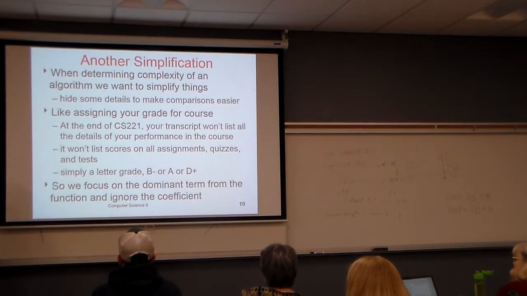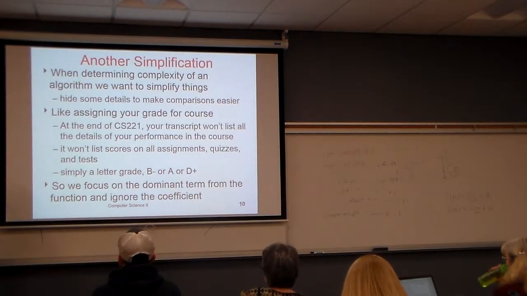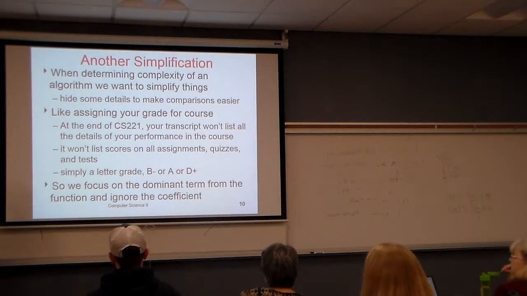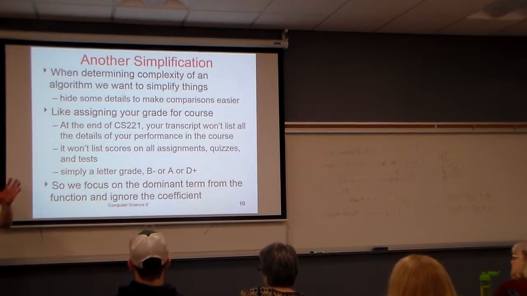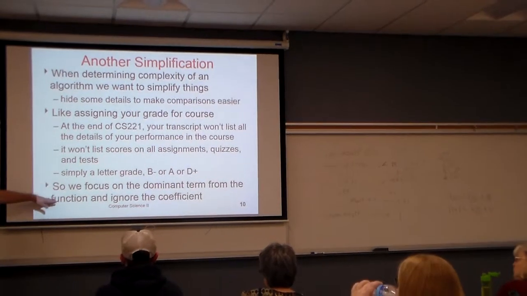It's the same idea when we're talking about these growth rates and trying to compare the number of statements executed. We're going to look at the class or categorization of these number of statements as opposed to the actual details. So we're going to simplify some things so that we can get to the heart of what's going on here.